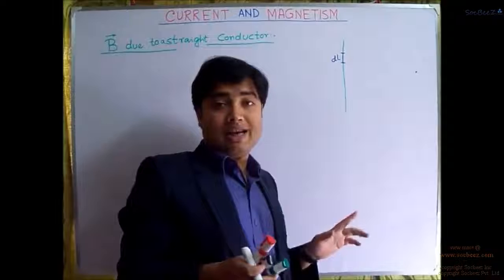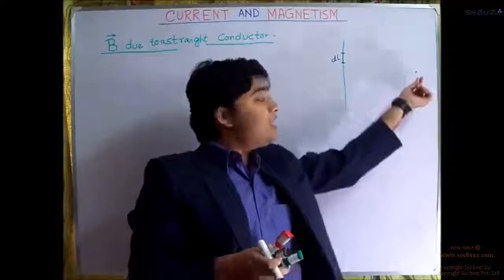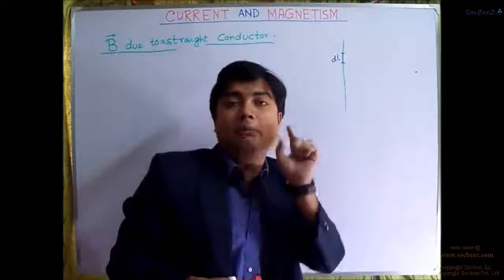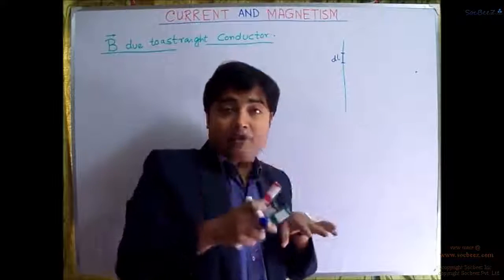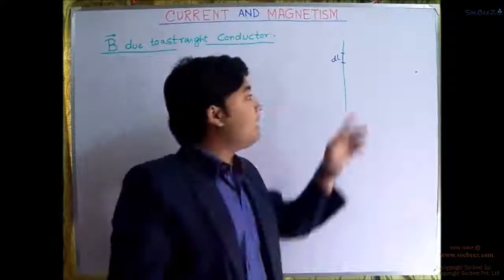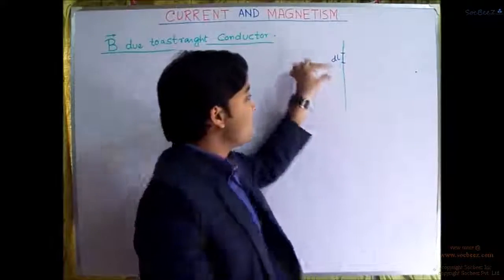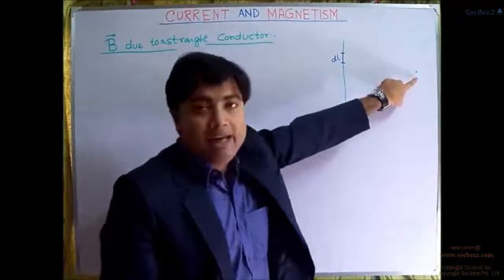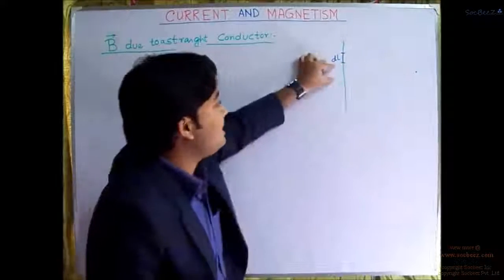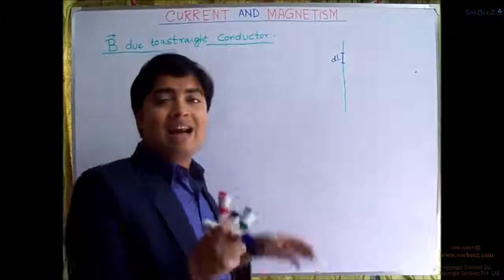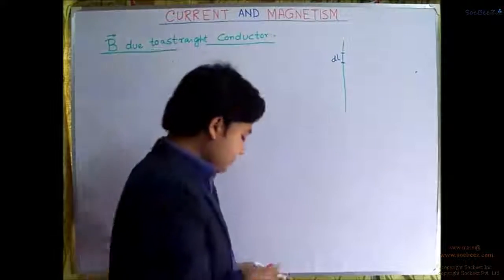Now we shall say that the magnetic field produced by this dl is dB, and then we have to integrate the B caused by this dl, this dl, this dl, and likewise, right?